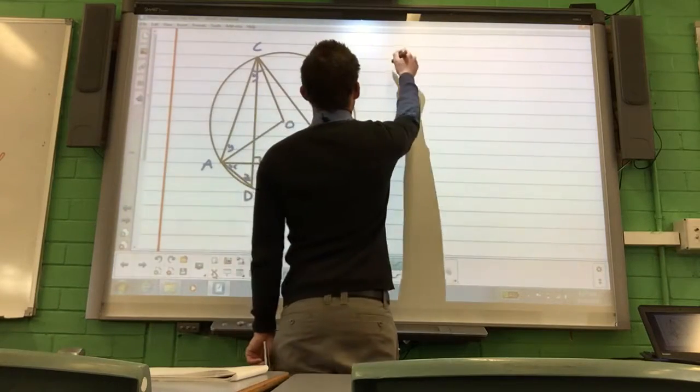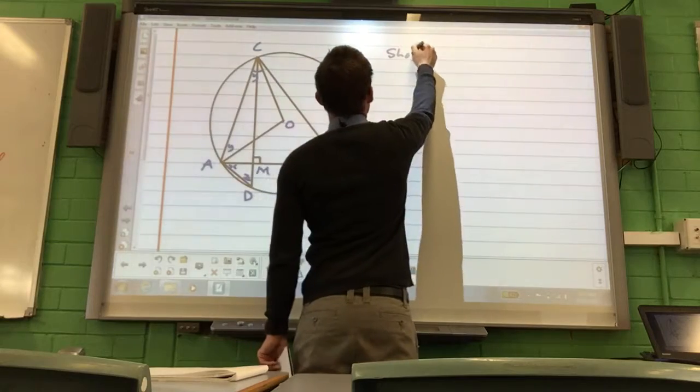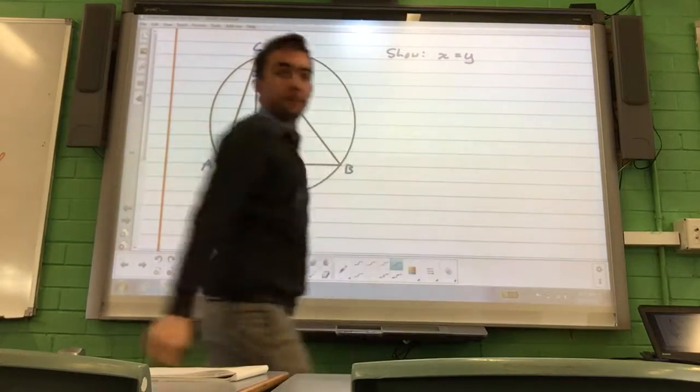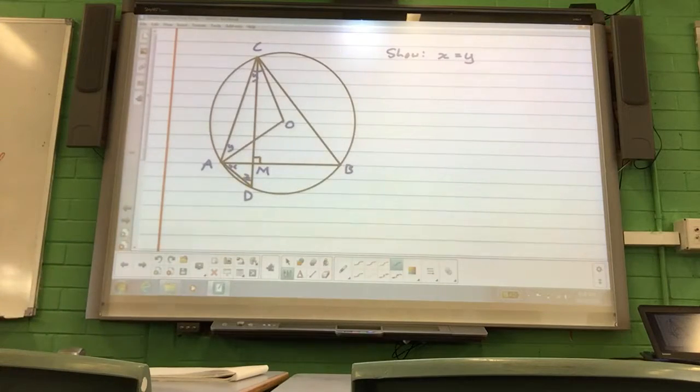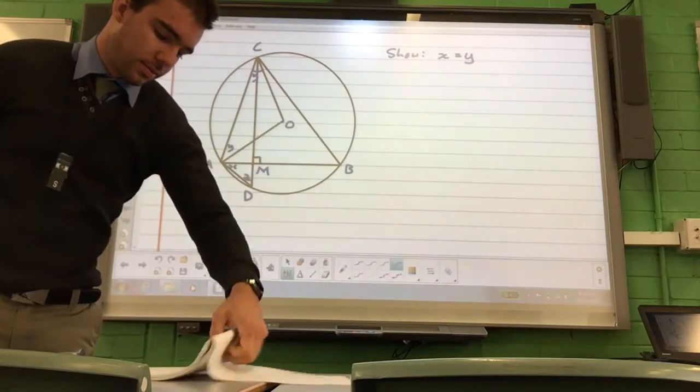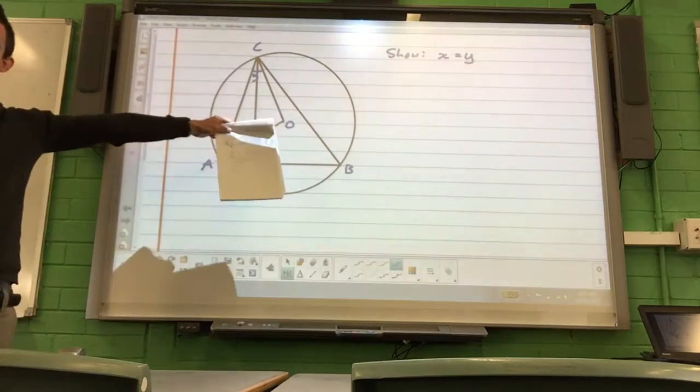Right, so you probably should start the following. We need to show that X is equal to Y, because they're the angles that were notated in the notes. Right, that's the whole proof.